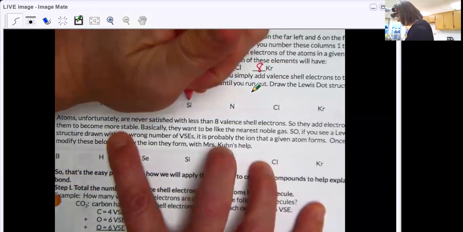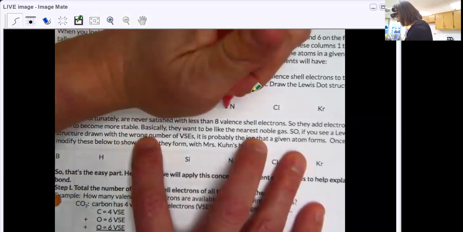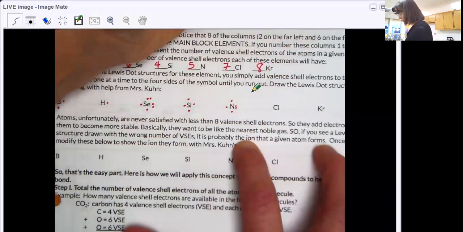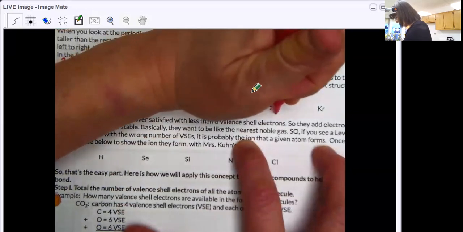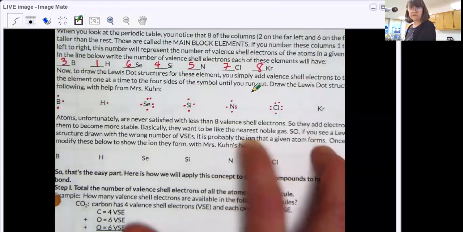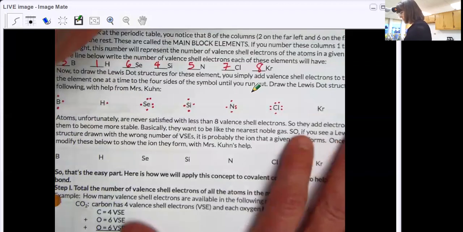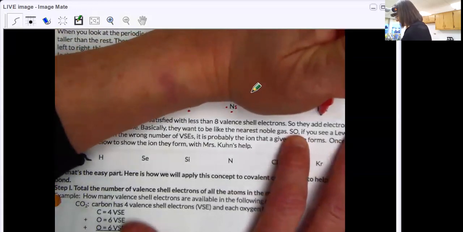You should have had 6 for silicon, 5 for nitrogen, like that, 7 for chlorine. Once again, it doesn't really matter which side you leave with the single. It could have been on any of the sides. And then, of course, krypton has 8.